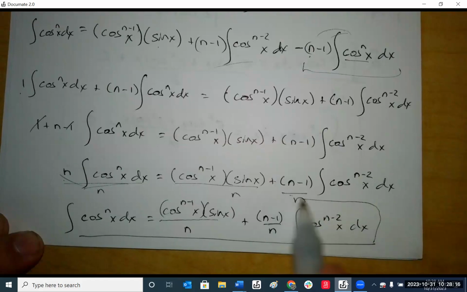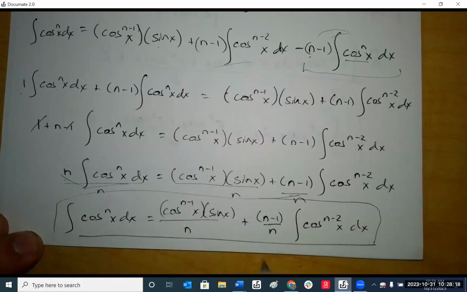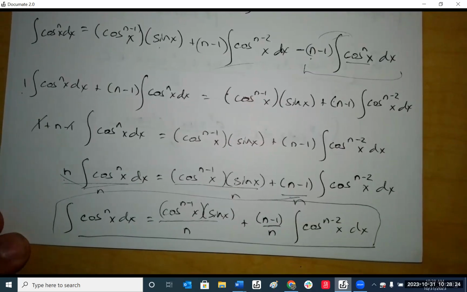There is our formula. Because it has a power reduction, it's called a reduction formula.